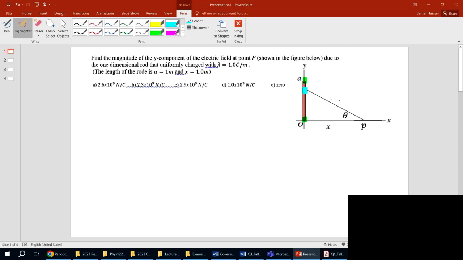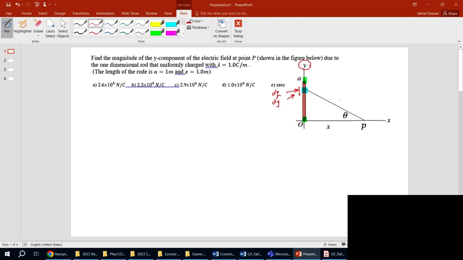So let's say this small piece here. Now that small piece will carry a small amount of charge. Let's call it dq. Because this is the y-axis, I'm also going to say that the length of that small piece is dy. You will see in a second that this is very important.